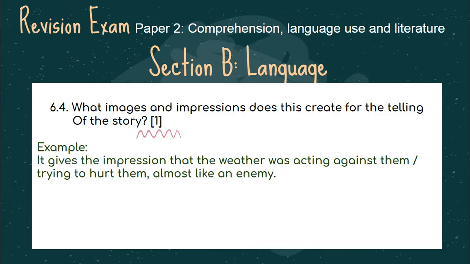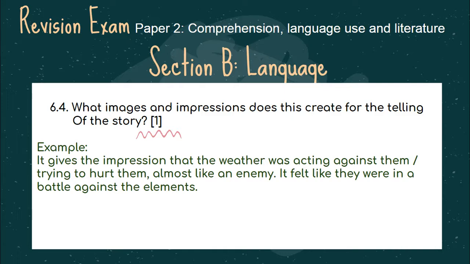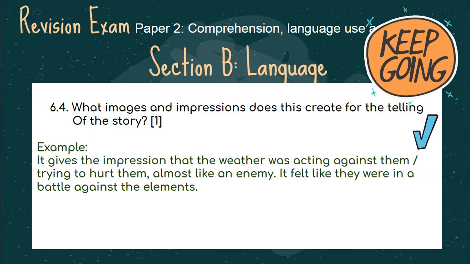So you'll use your own wording. Obviously, you won't say exactly the same thing, but you might say something like it felt like they were in a battle against the elements, or that the weather was working against them, or trying to make things difficult for them. So you can give yourself a mark if you managed to express that it seems like the weather was trying to do some harm or trying to sabotage their efforts.